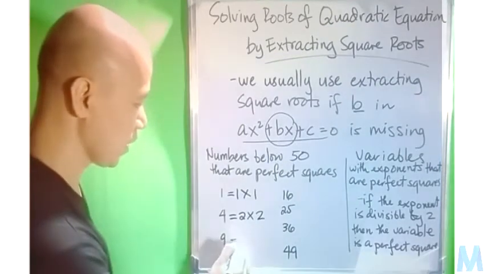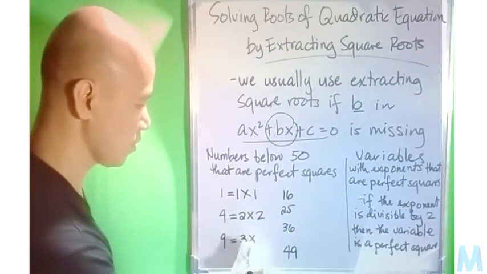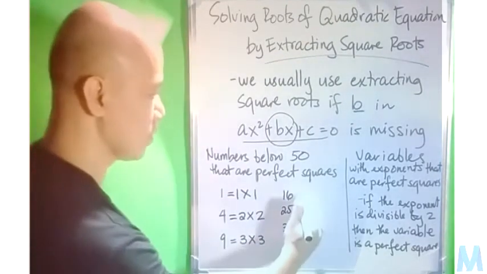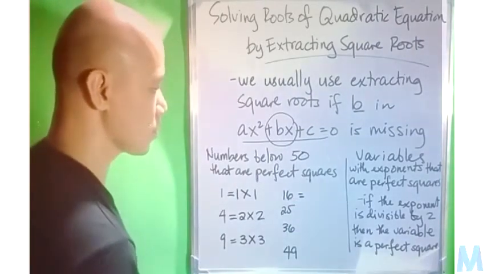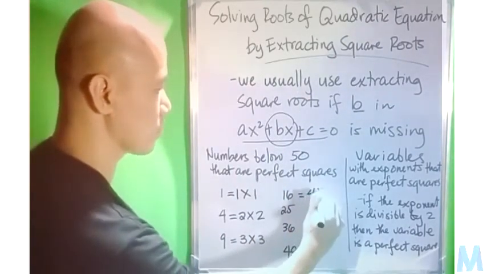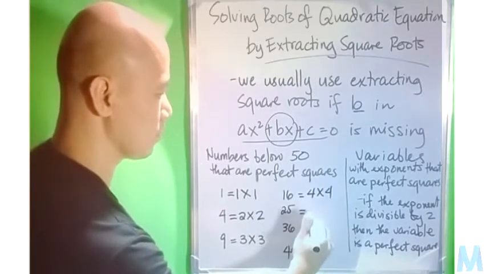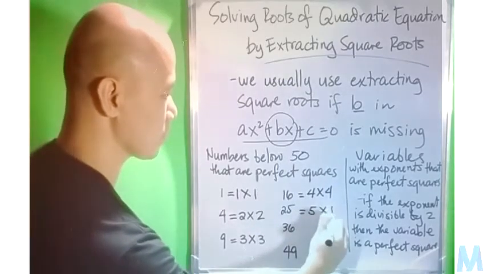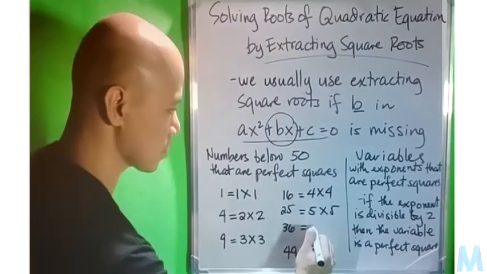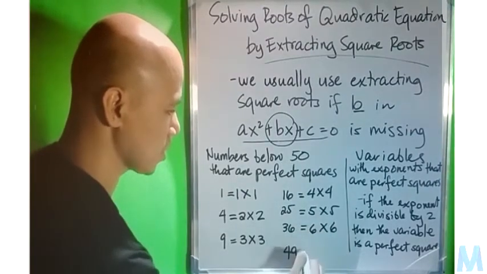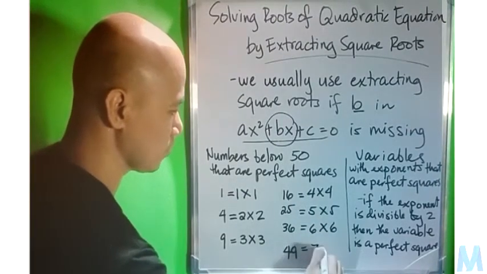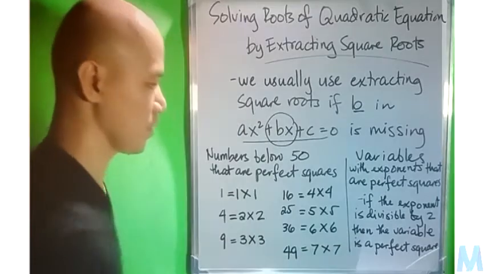And then 9 is the result if you multiply 3 times 3. 16 is 4 times 4. 25, we have 5 times 5. 36, we have 6 times 6. And 49, we have 7 times 7.